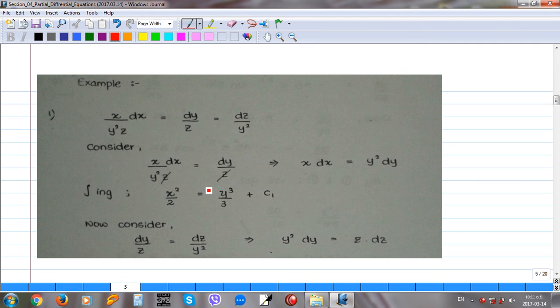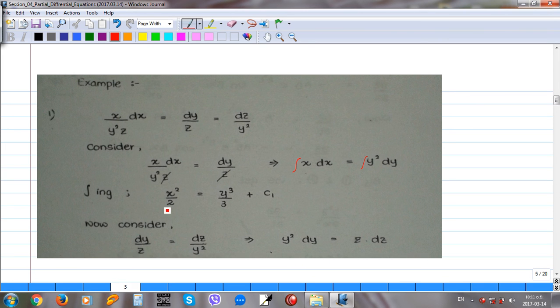Then z is common, we can cancel it, and it comes x times dx equals y square dy. We can integrate both sides, then here comes x square over 2, here y cube over 3 plus c1, where c1 is an arbitrary constant.